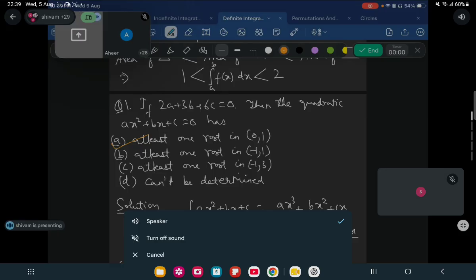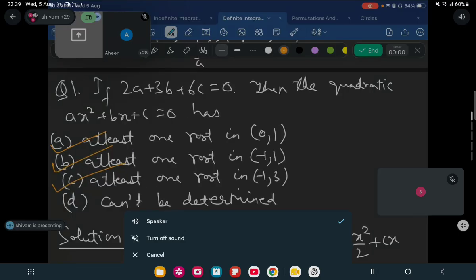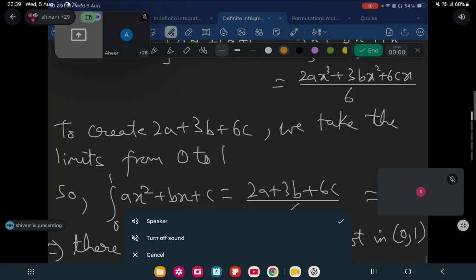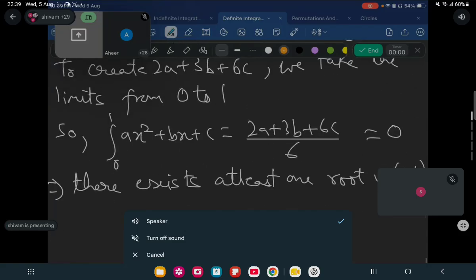Next, everyone, if option A is correct, definitely option B is also correct. And henceforth, option C is also correct. Tell me, are you people getting? So all three options are correct: option A, B, and C.